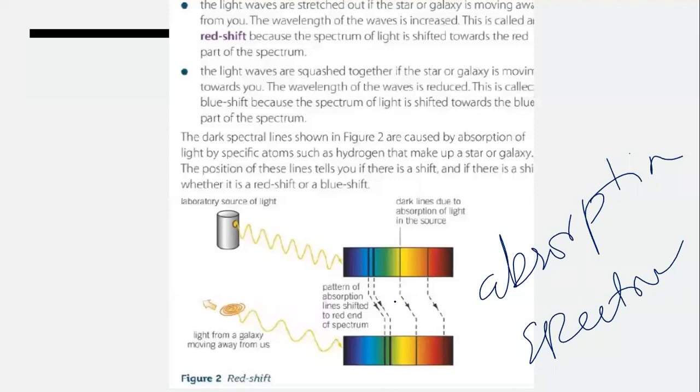Then after a number of years, they again took a look at the spectrum of the sun, and now they observe that the sun is absorbing different wavelengths of light, wavelengths that are closer to the red side.